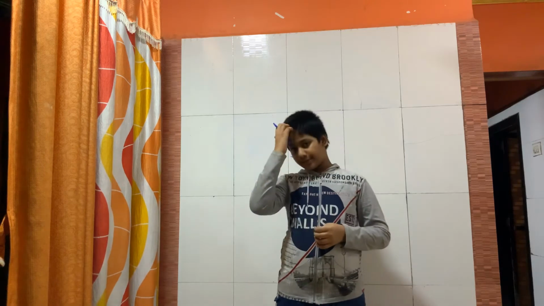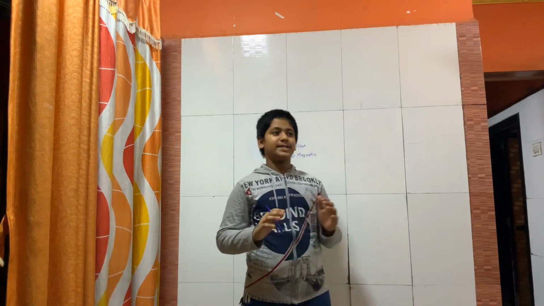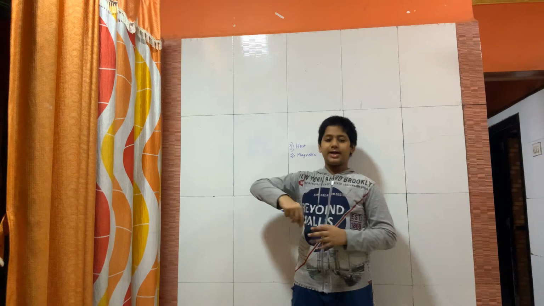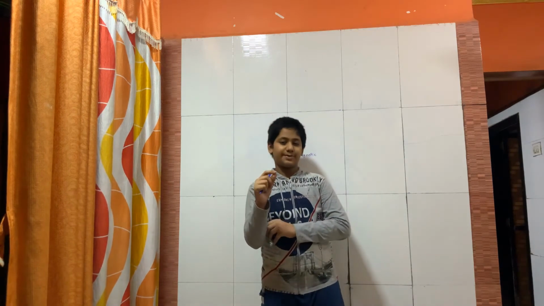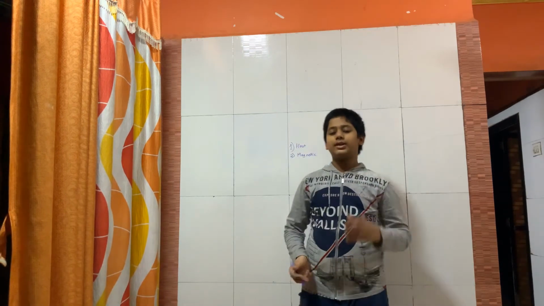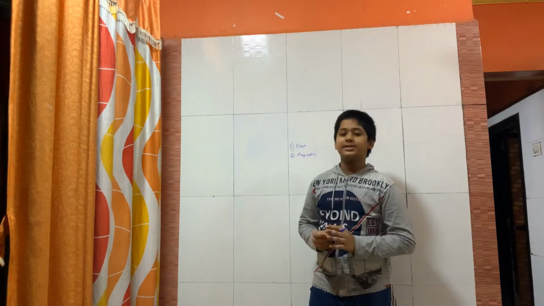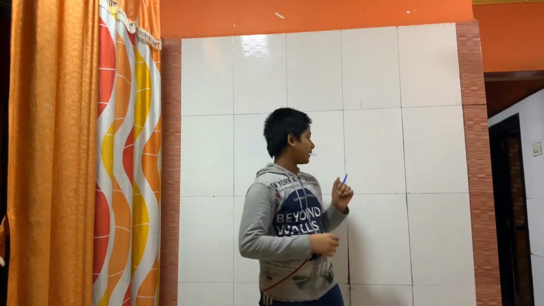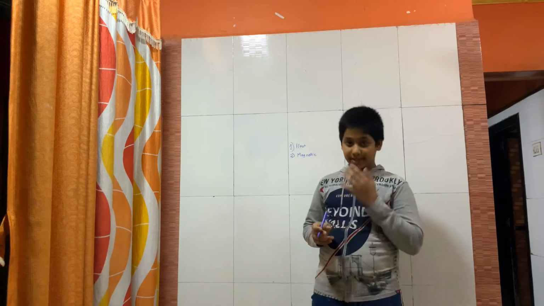Now if you take a battery connected with a copper wire, which makes a circle and again joins the battery, and you take the compass near this circuit, it will start to deflect. So these are some examples of the magnetic effect.